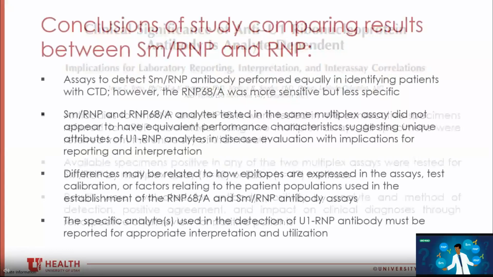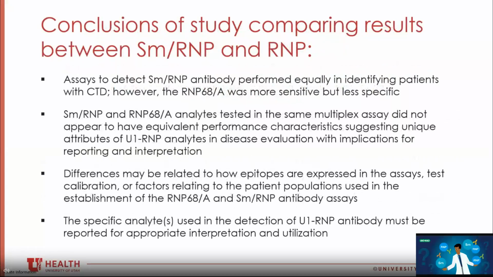All three of the assays that use the Smith RNP complex to detect RNP antibodies demonstrated equivalent performance in identifying patients with mixed connective tissue disease. In contrast, the assay that measured antibodies against the RNP68A was more sensitive but less specific.